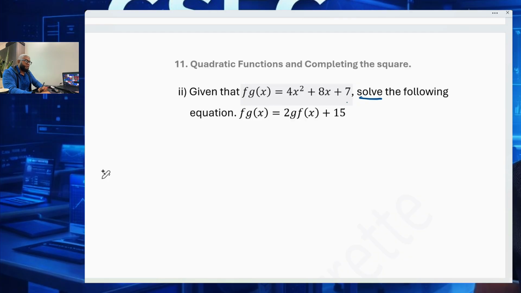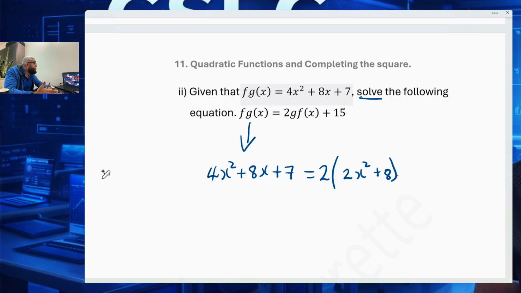So f g of x would be 4x squared plus 8x plus 7, is equal to 2 multiplied by g f of x, which we just found, close bracket, plus 15, right?